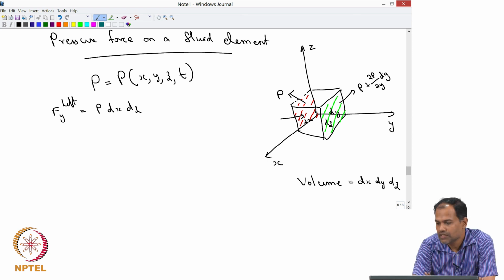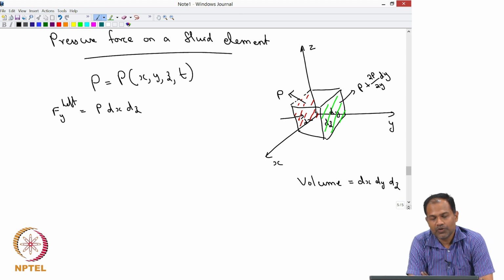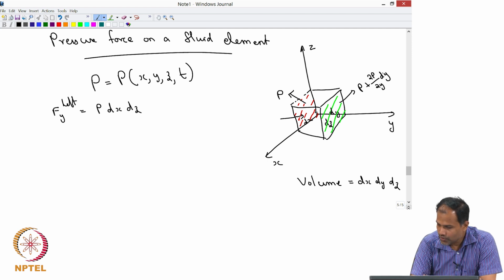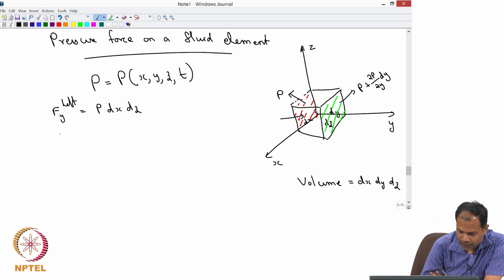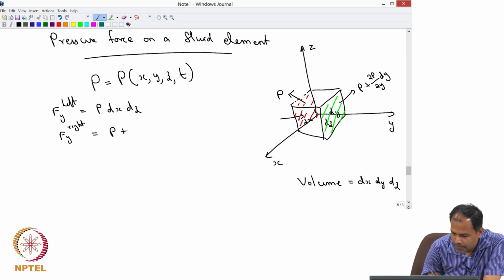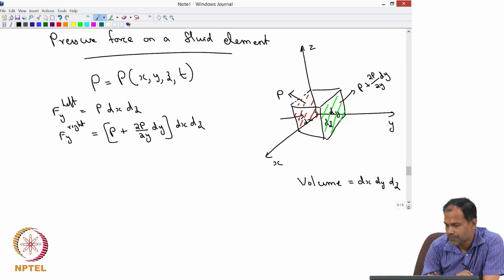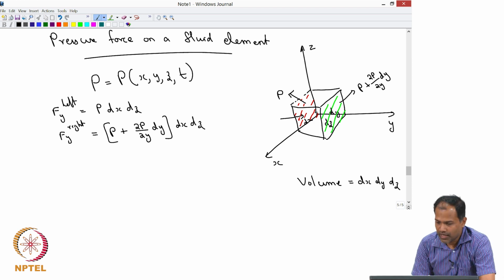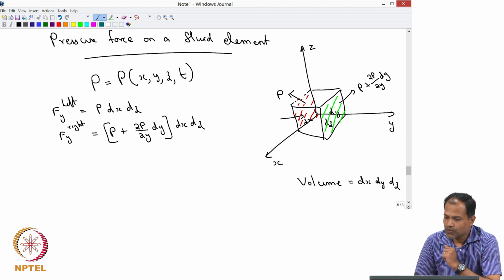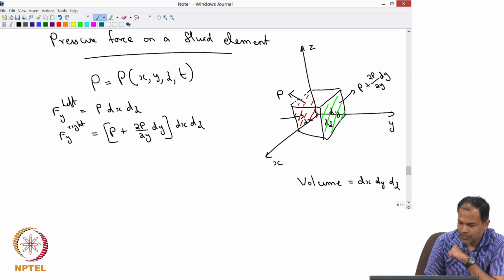That is the simplest approximation to represent pressure on that side. Therefore, Fy on the right side is given as P plus dou P by dou y into dy, times dx dz. And your interest is to calculate the net force acting in the y direction, which you get if you subtract one from the other.